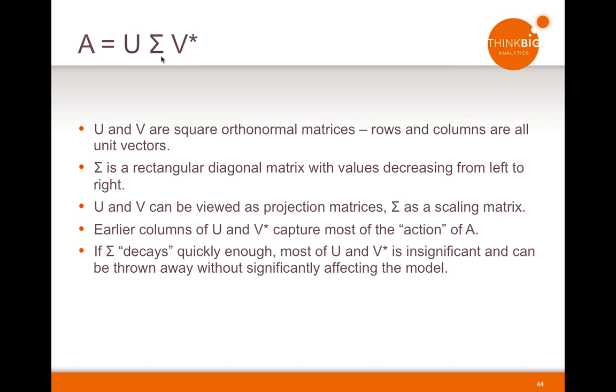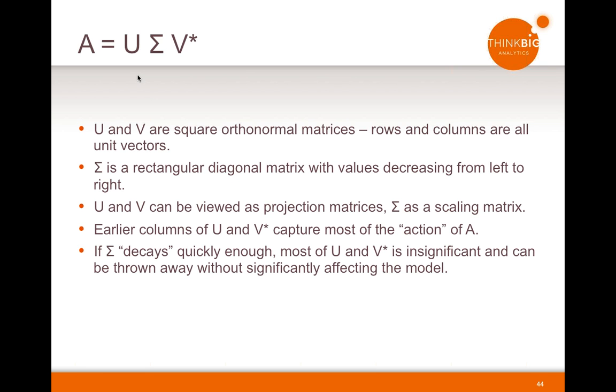Also, beyond that, because we say orthonormal, that means that each of these vectors is perpendicular to one another. So if U is a 5 by 5 matrix, each of the rows and each of the columns of U is perpendicular to every other row or column.